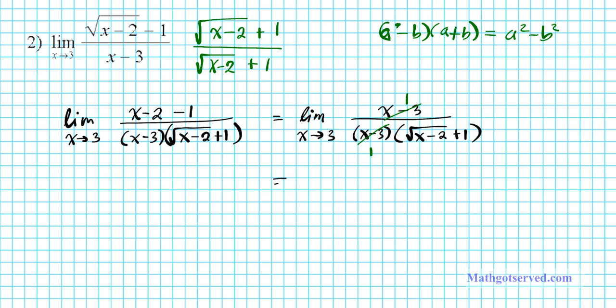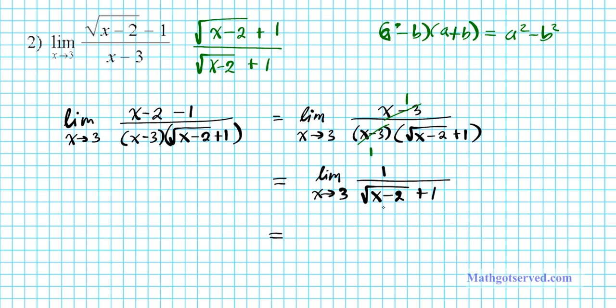So we now have the limit as x approaches 3 of 1 over the square root of x minus 2 plus 1. Now we can evaluate this limit by direct substitution.